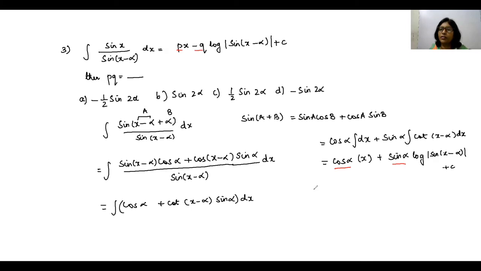So we find that p is cos alpha and q is minus sin alpha. So if we multiply and divide by 2, it becomes sin 2 alpha, that is minus half sin 2 alpha.